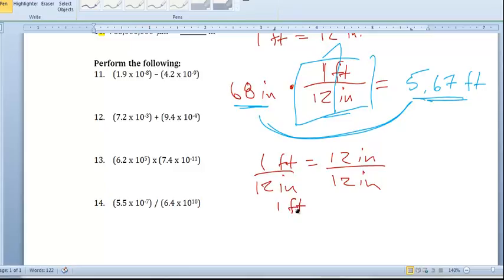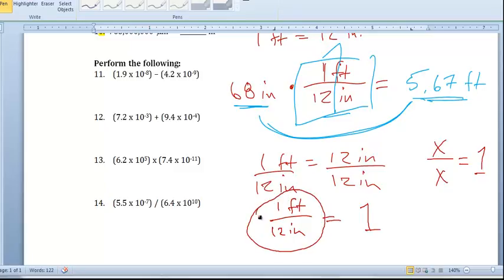So that's 1 foot over 12 inches. And the right side, this is basically x over x, which is a big fat 1. So that's 1. And so this kind of proves that this conversion factor that I used up here is equivalent to 1. So I'm not doing anything illegal mathematically. You know, it's all above board and legal-like.